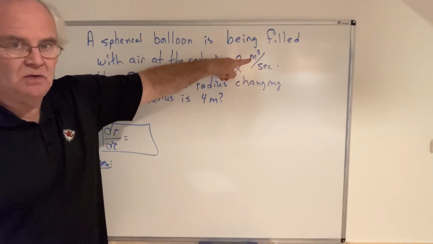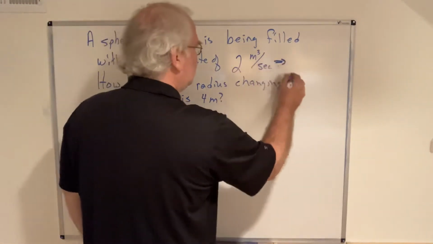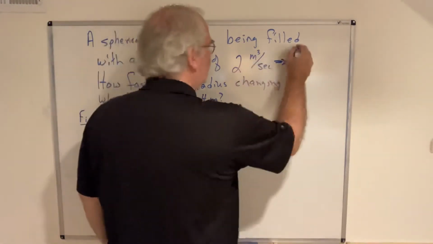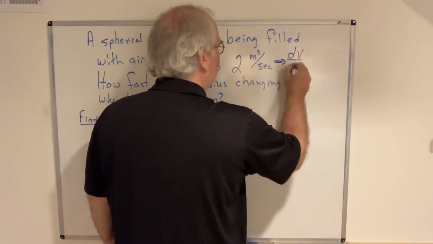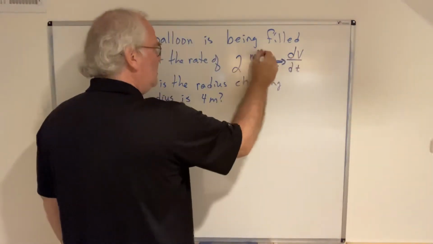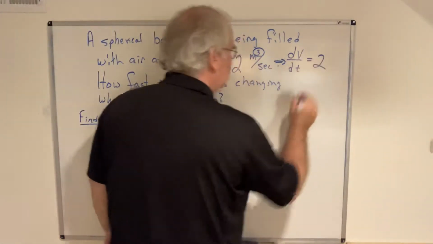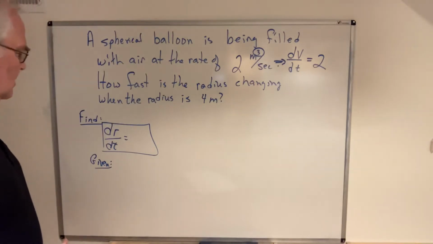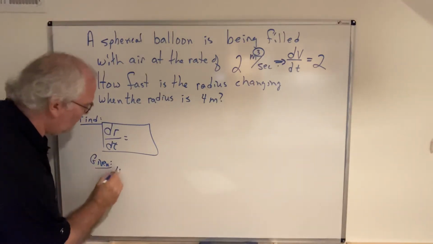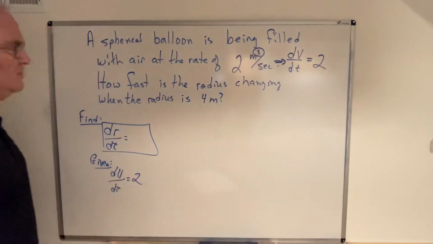I know that's volume. So what does this 2 represent? It's the change in volume per unit time. dV dt, I know it's volume because it's cubic meters. So dV dt is given to be 2.